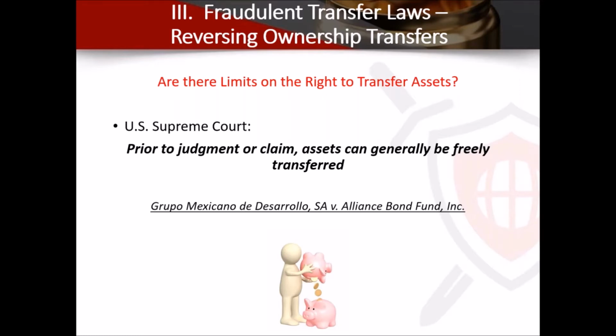But in terms of you being a defendant, that's not a problem. You can do whatever you want. It's just subject to the fraudulent transfer, and that's this Grupo Mexicano, a Supreme Court ruling. They made that absolutely clear, and there's really no repercussion. There's no penalty to fraudulent transfer, except that someone can go and get the asset.